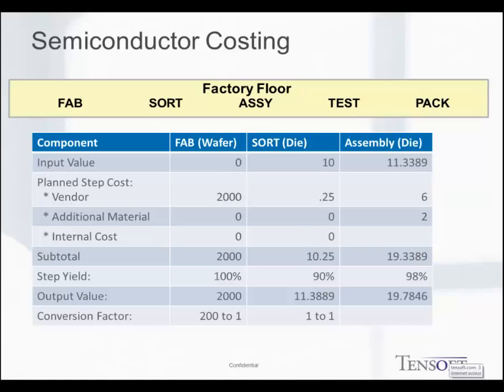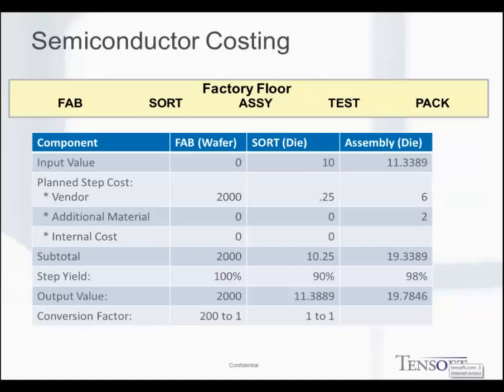What I need to consider now is the impact of yield. And my planned yield at this point is 90%. And so the equation is really to take that $10.25 and divide it by the planned yield, which gives us, in semiconductor terminology, the cost per good die of $11.39.